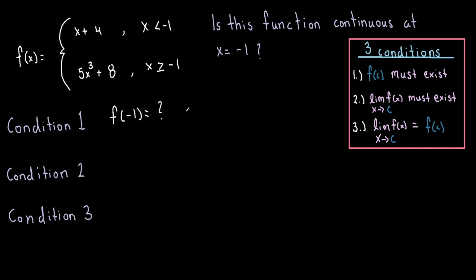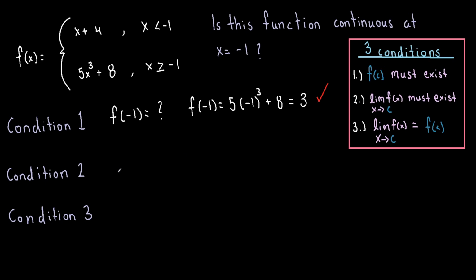Looking at the set of equations, when x equals -1, we have this function. So f of -1 equals 5 times -1 cubed plus 8. And this will equal 3. And since 3 exists, the first condition is met.